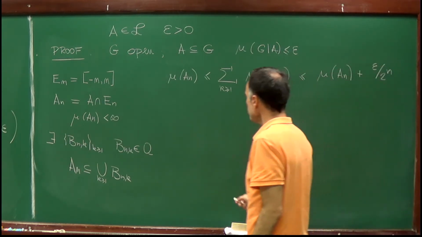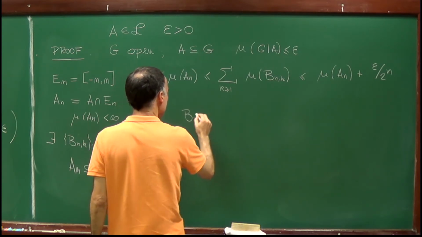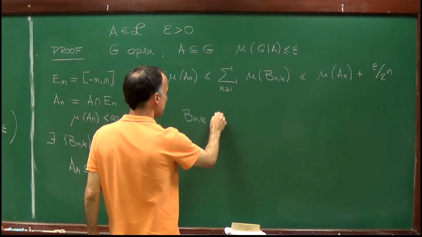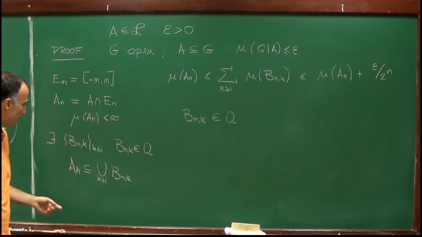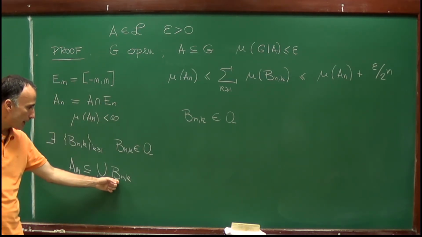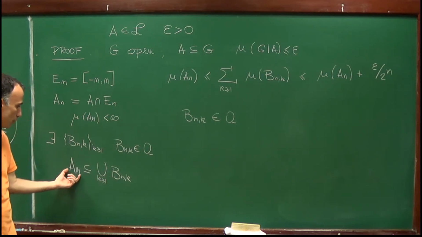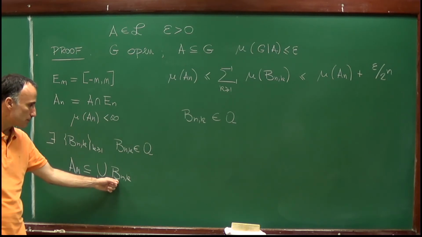Well, the B_{n,k} are elements of the algebra. So we don't want to cover A_n by unions of elements of the algebra, but by open sets.